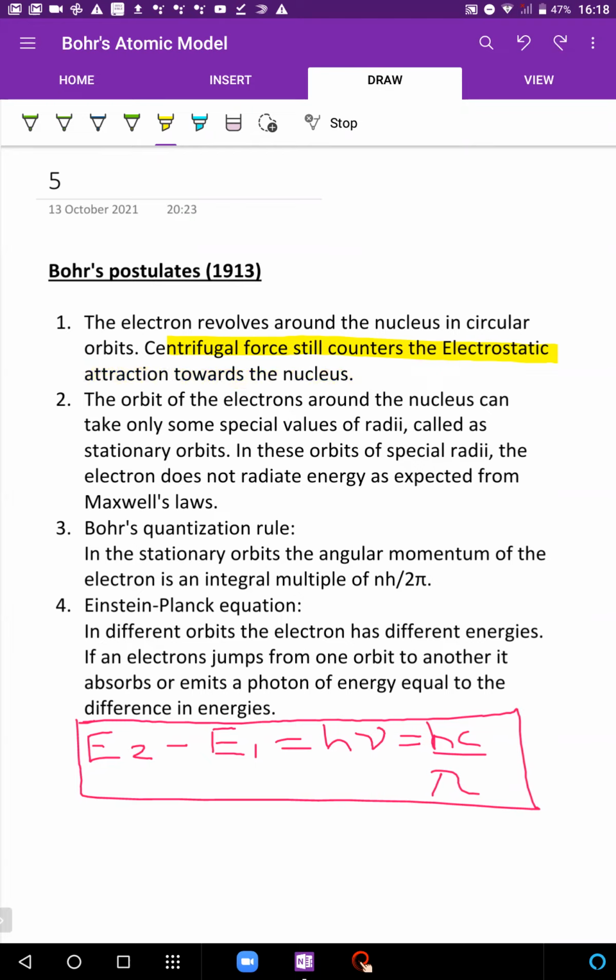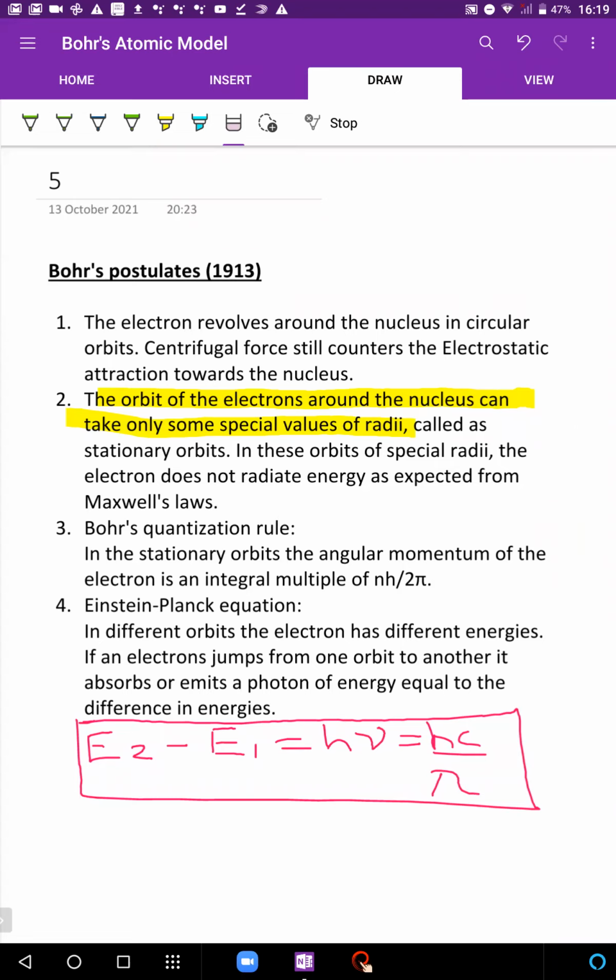But in the second point there is a slight difference. He's saying the orbit of the electrons around the nucleus can take only special values of radii called stationary orbits. So he claims that these orbits cannot be of random size. There are multiple orbits, and all these orbits have specific radii, and he'll imply later that when an electron orbits in them, the electron has specific energies as well.